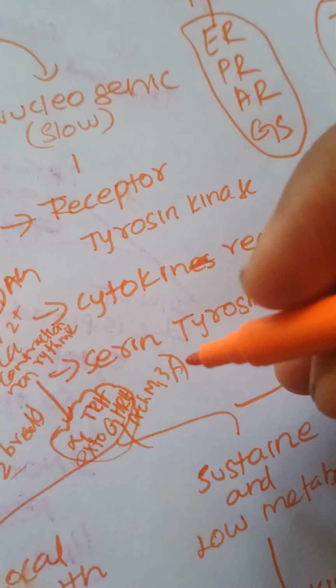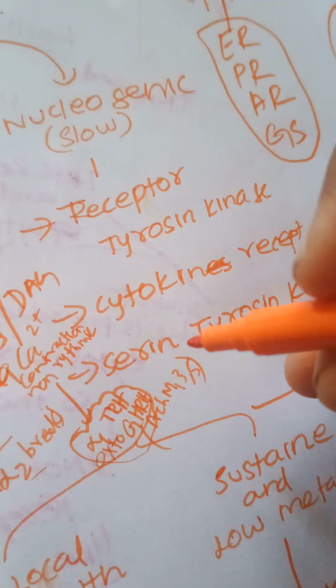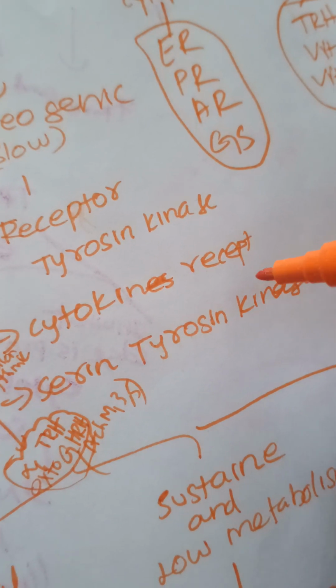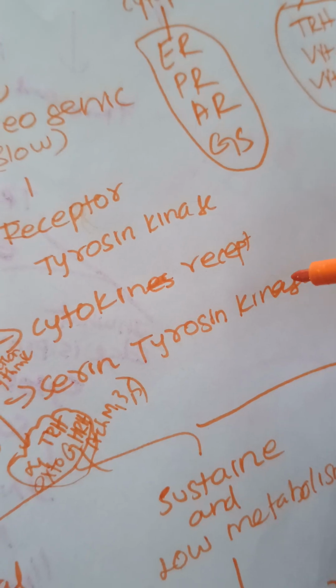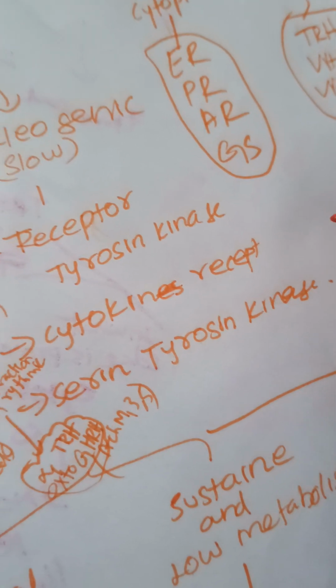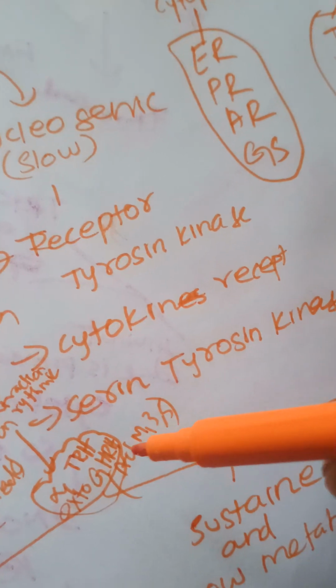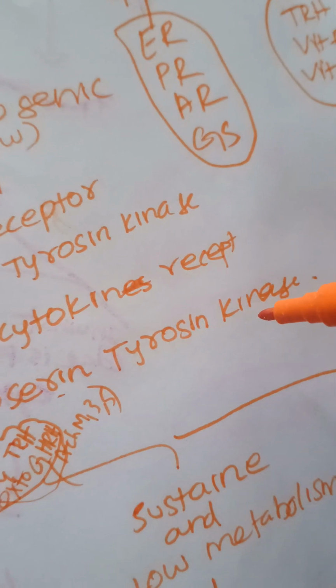If the hormone wants embryological repair and differentiation of the cells, it acts through the serine tyrosine kinase.